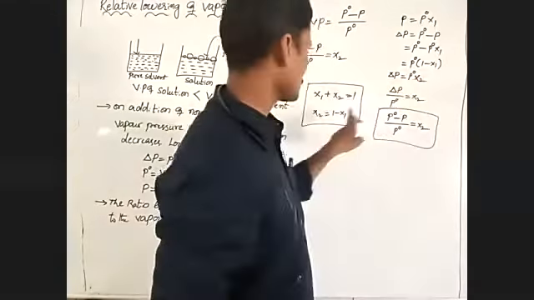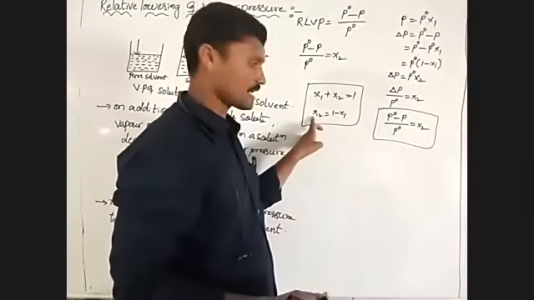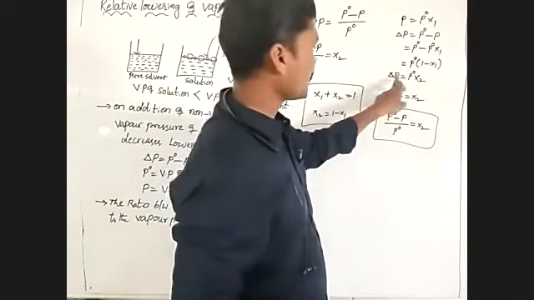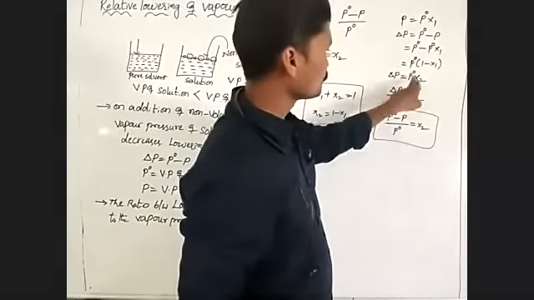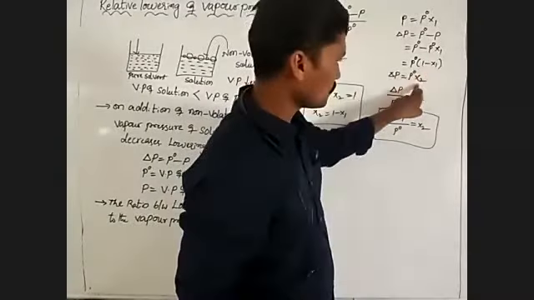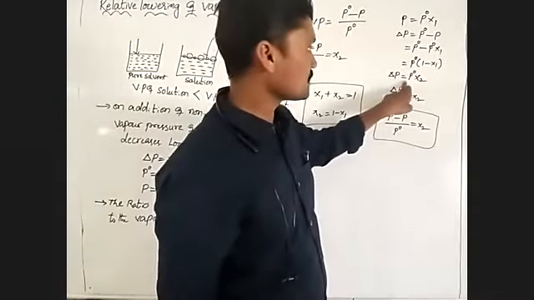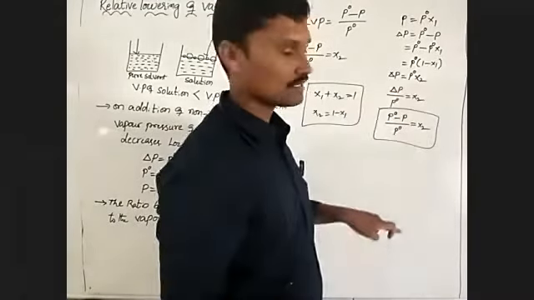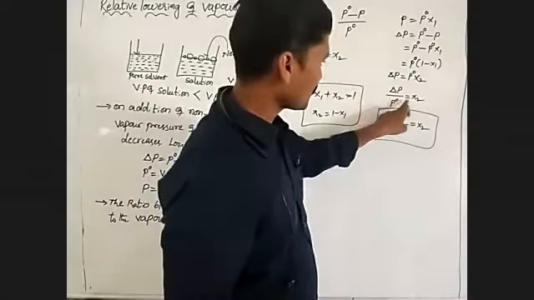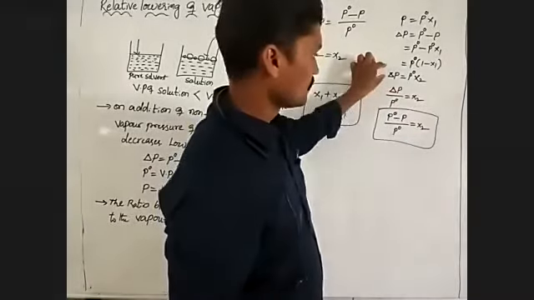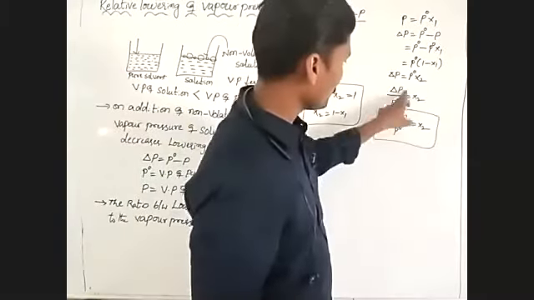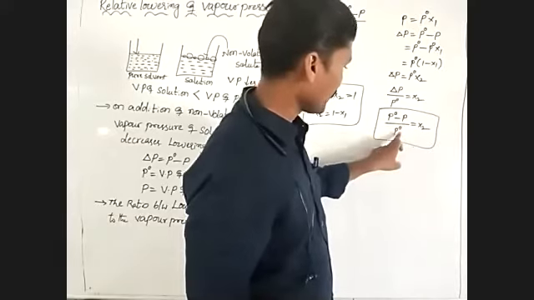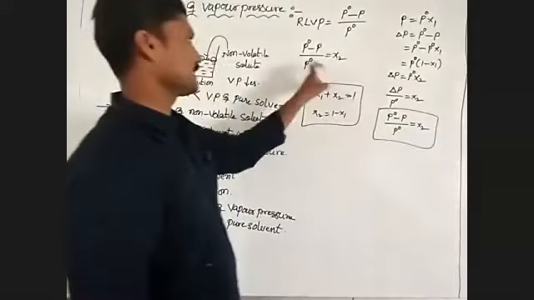So 1 minus x1 is equal to x2. So delta P is equal to P naught x2. Then delta P by P naught, that is P naught minus P by P naught, is equal to x2.